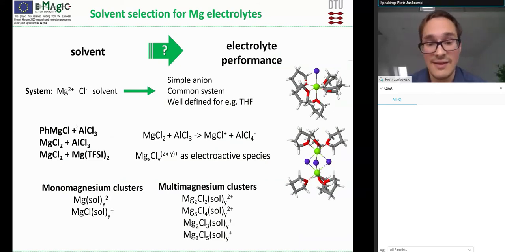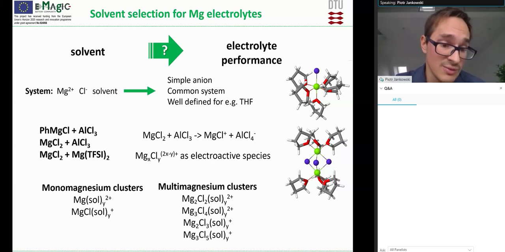And inside this electrolyte, electroactive species are created by the reaction between these reagents. As a result, we usually get monomagnesium clusters like that, or some more complicated multi-magnesium clusters. So to understand everything, we need to look at both the formation of monomagnesium and multi-magnesium clusters.